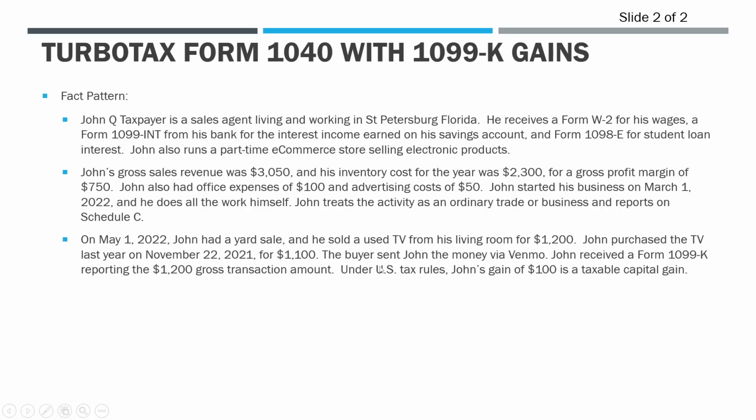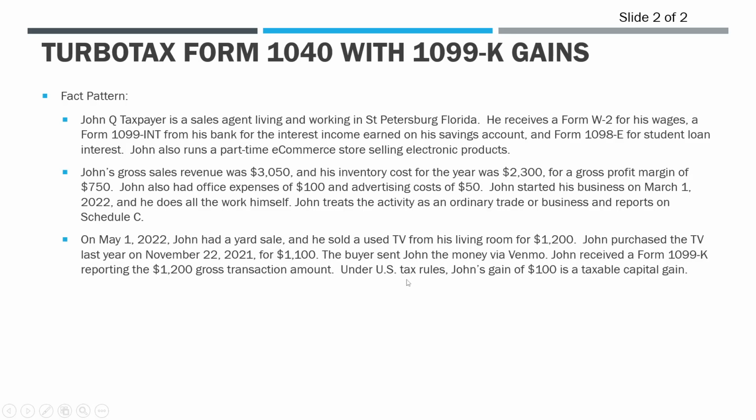Now, the buyer transferred money to John via Venmo, right? He didn't have the cash, so he's like, I'll just transfer the money via Venmo. John said, that's fine. Well, John got a 1099-K from Venmo for the $1,200 gross transaction amount. And so now he's trying to figure out how to report all this on his return.